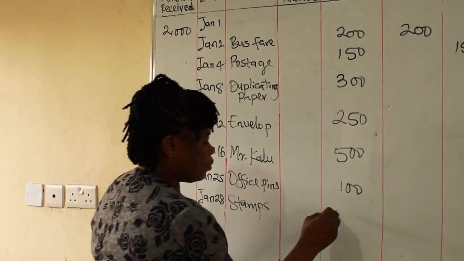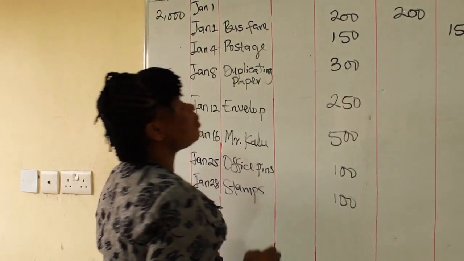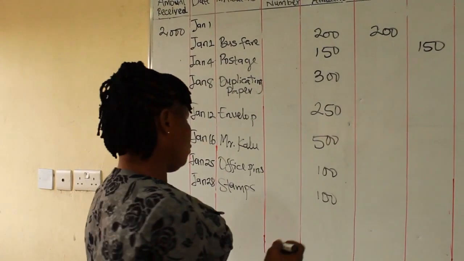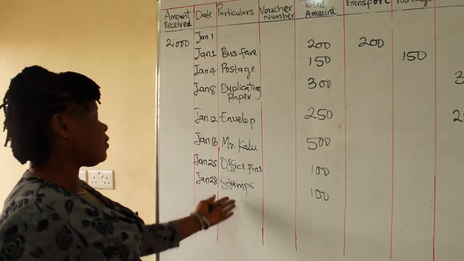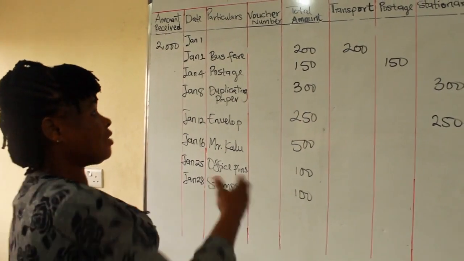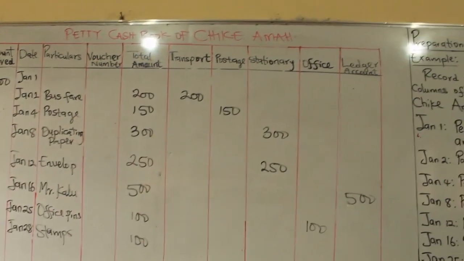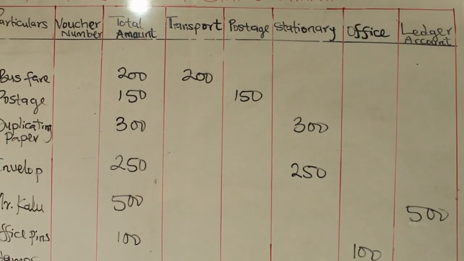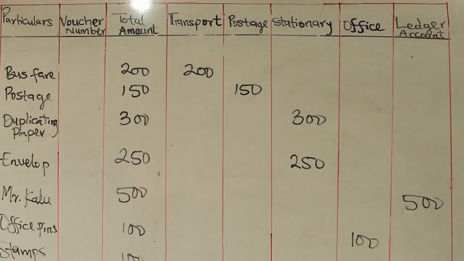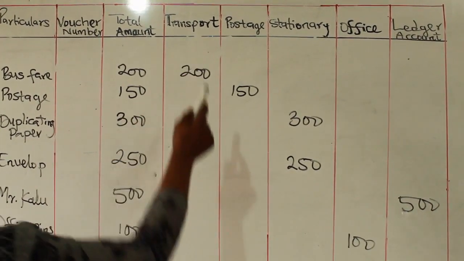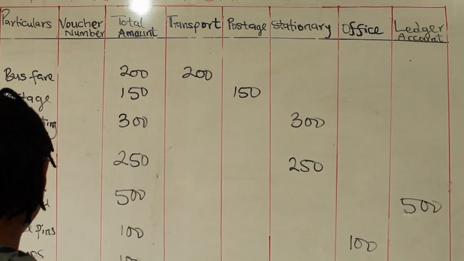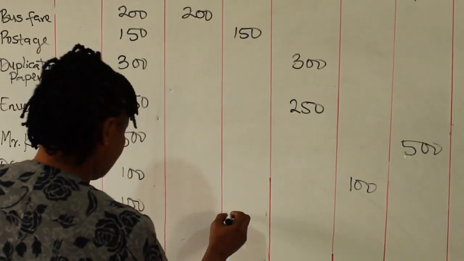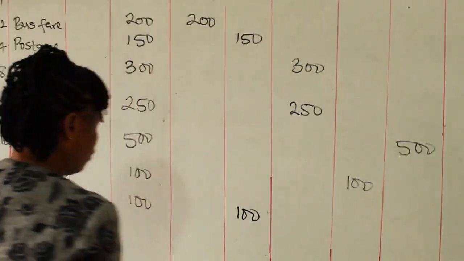And then you write 100 naira on total amount column and you locate where stamps belong. Looking at the columns we have on this particular cash book, you will find out that postage is here. Stamps belong on postage, therefore you post it here. 100 naira.